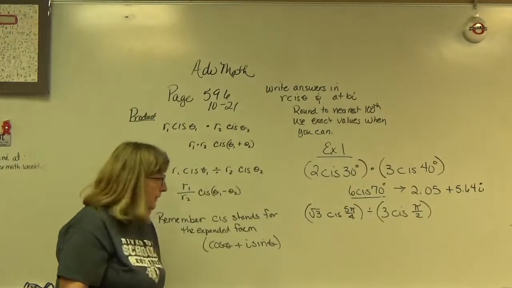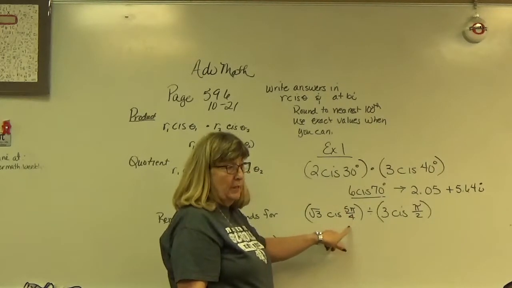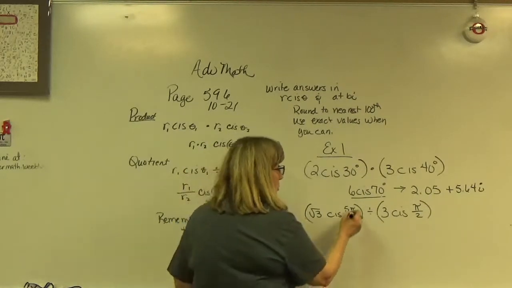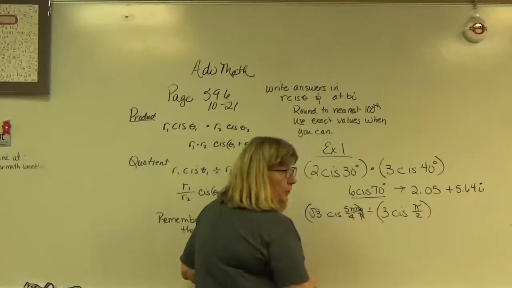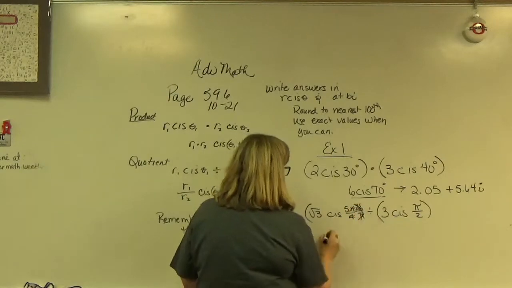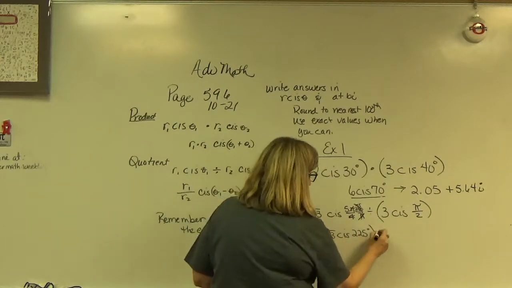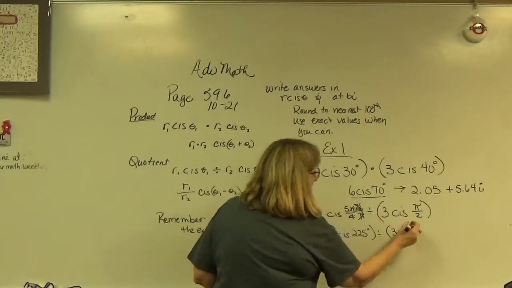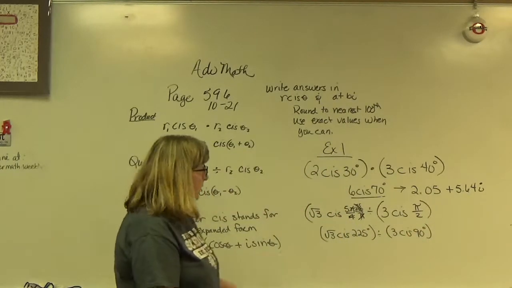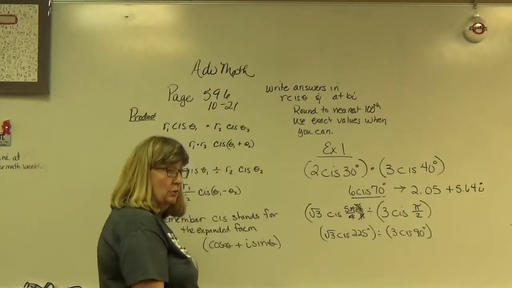Now, it's in radians, but I wouldn't change my calculator to radians because it's going to take you longer to go 5 times pi divided by 4 than it would for you to just change it to degrees by multiplying by 180 over pi. So I would do that step first. So it would be 225, and that one would be 90, right? Is everybody agreeable there? So if it has pi in the problem, I would still keep my calculator in degrees and I would change it to degrees.